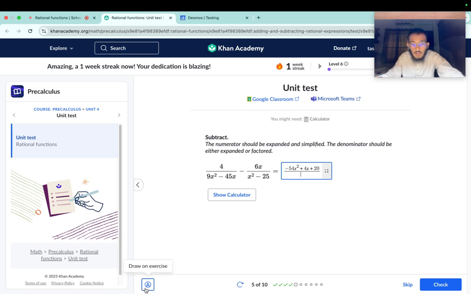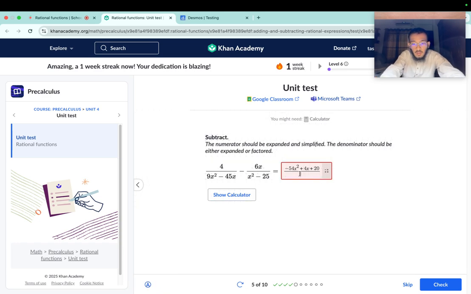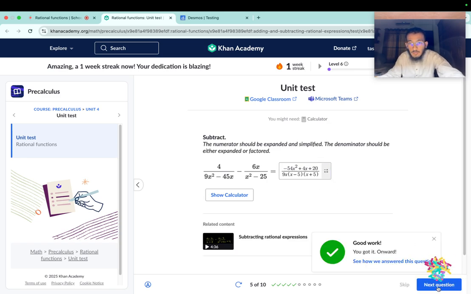Now what do we have in the denominator? The denominator should be either expanded or factorized. We have factorized it. So 9x, x minus 5, x plus 5. 9x into x minus 5, we have x plus 5. So this should be our answer.